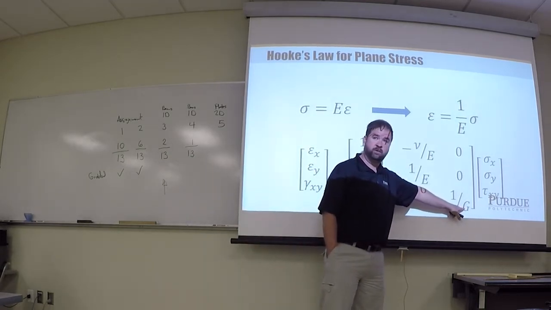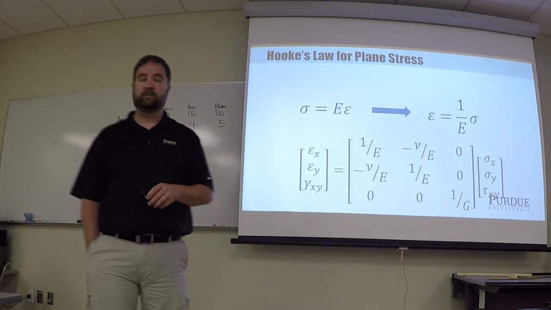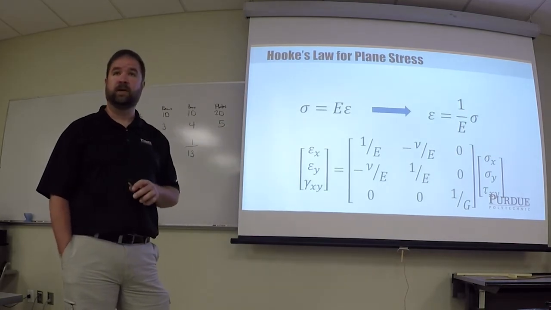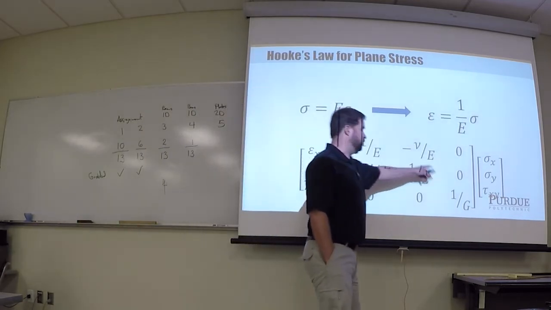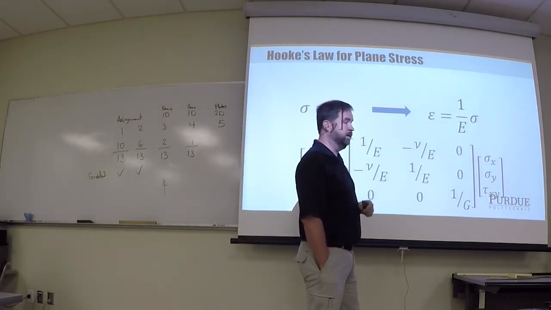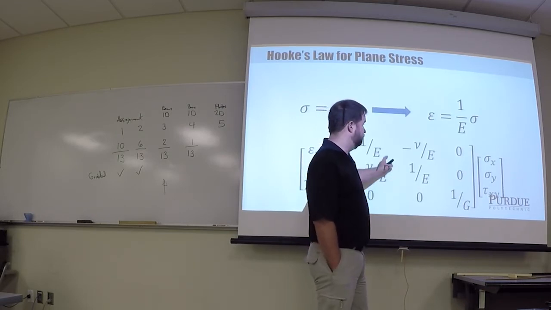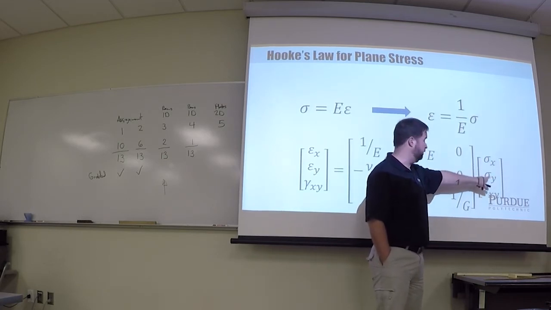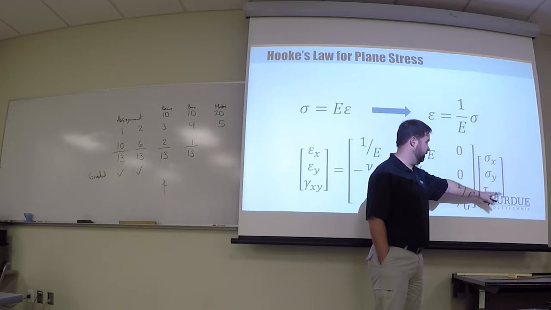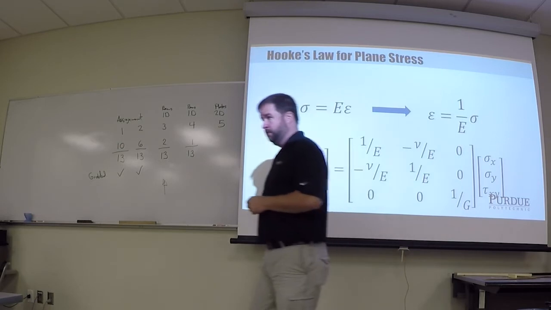You guys should have seen shear modulus back in 211. Okay, G is the shear modulus, which is different than the value E, which is modulus of elasticity. Okay? But all of these expressions are a relationship of how much it deforms. And then these are our stress values. Axial stress in the x direction, axial stress in the y direction. And I've got it overlapping my Purdue logo there, but then the shear stress. Okay?